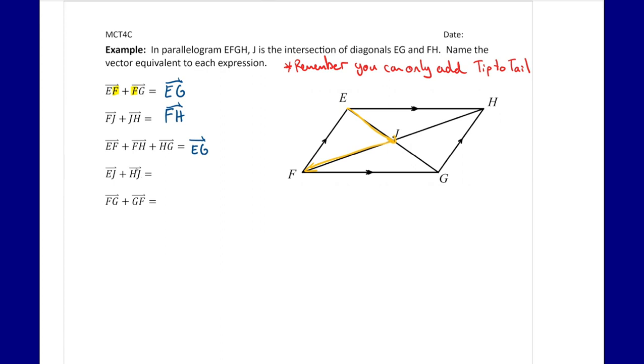So this is the same as vector JF. So I could rewrite this as EJ plus JF, and then the resultant of that would be EF.